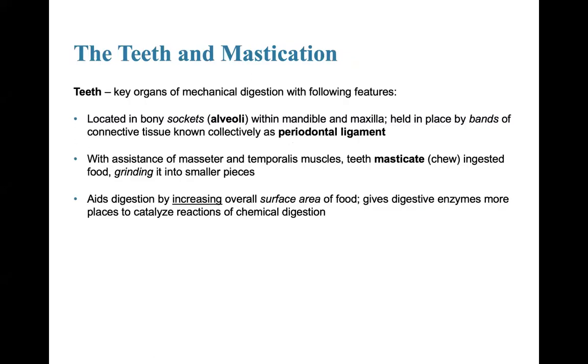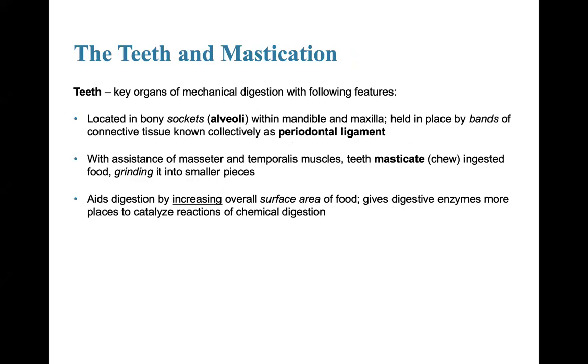Your teeth, these are the key organs of mechanical digestion. They are located in the bony sockets, or alveoli, within the mandible and maxilla. They are held in place by bands of connective tissue collectively referred to as the periodontal ligaments. With the assistance of the masseter and temporalis muscles, teeth will masticate, or chew, ingested food, grinding it into smaller pieces.